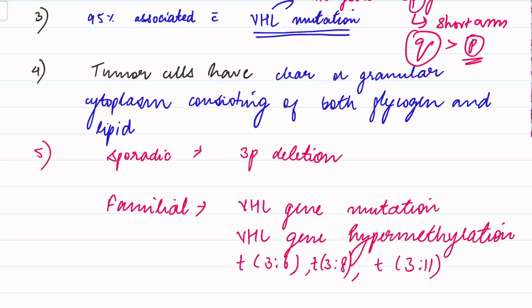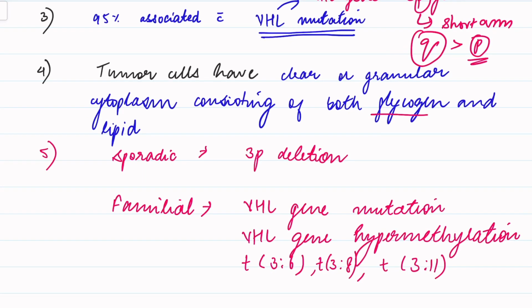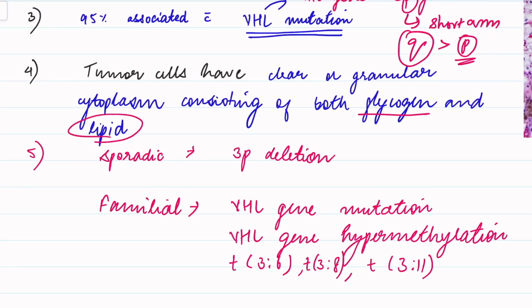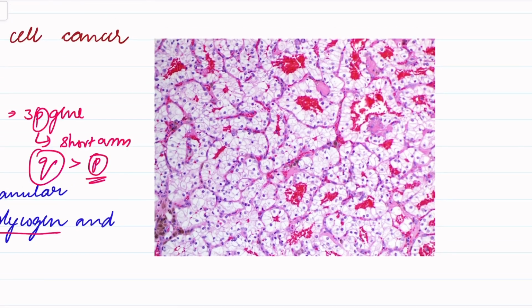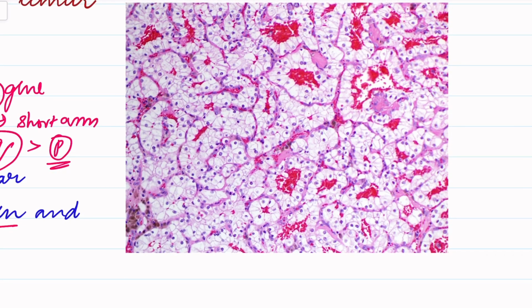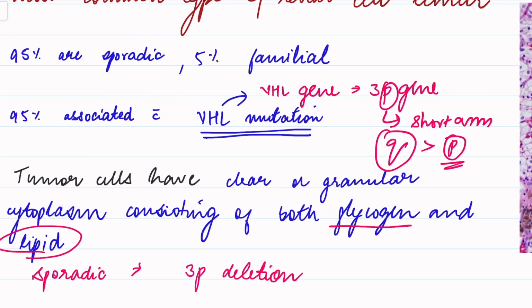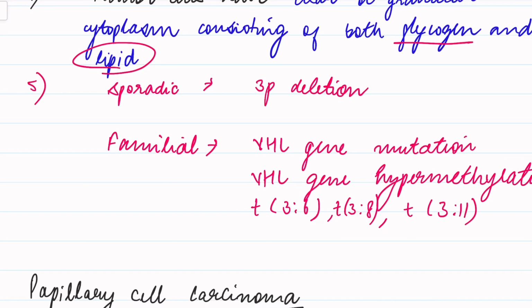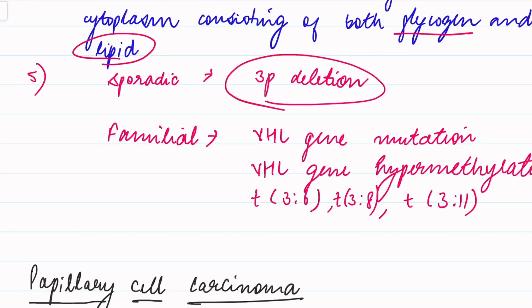Tumor cells have clear or granular cytoplasm consisting of both glycogen and lipid. So this is the histology of clear cell RCC. As you can see, the cells have clear cytoplasm or pale eosinophilic. Now coming to the mutations, one we have learned is 3p deletion.